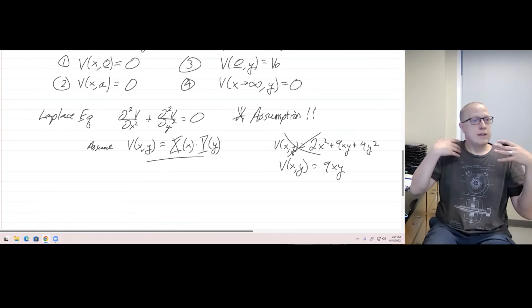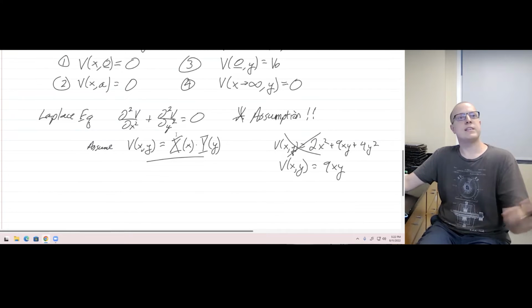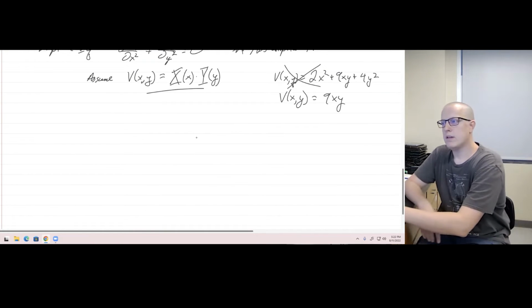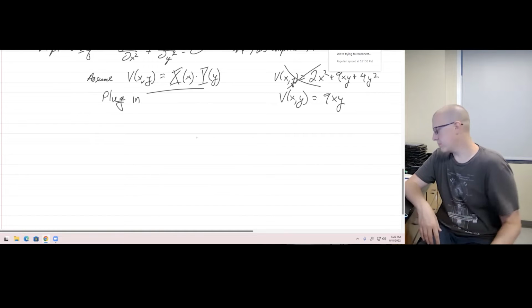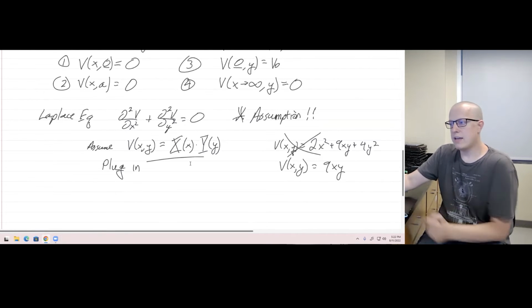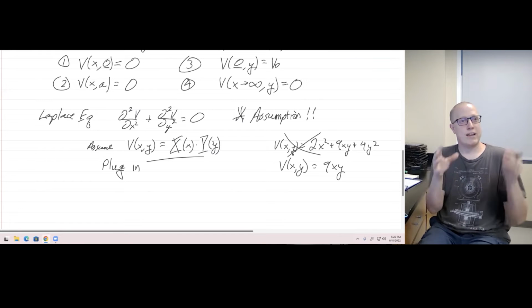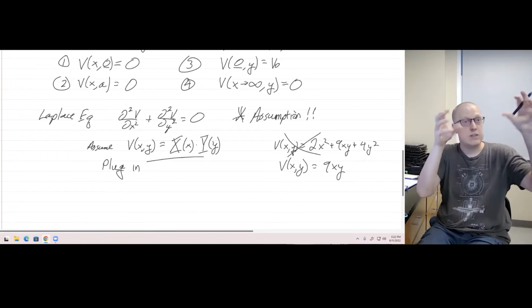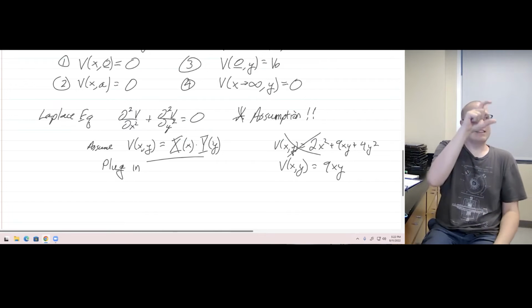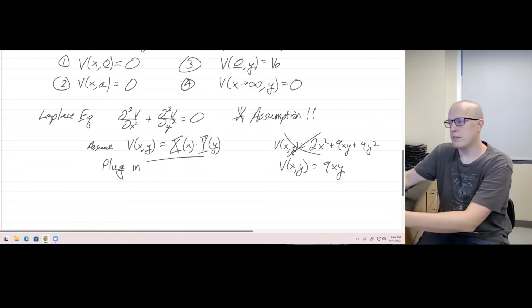Now that we've made that assumption, we're going to plug it into Laplace's equation and just see what happens. I'm using capital X and capital Y to refer to the names of the functions, and little x and little y are the variables for those functions, right?